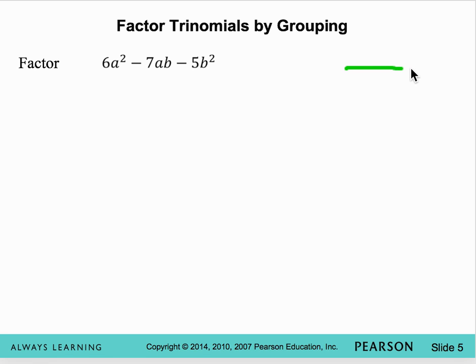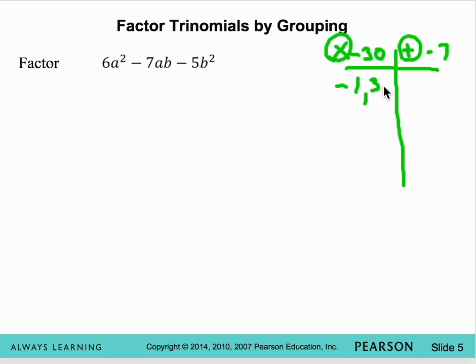So it's a trinomial, which means I'm looking for my special numbers. Numbers that multiply to give negative 30, while at the same time adding to give negative 7. Right? This times this is where the negative 30 came from. So negative 1 times 30 doesn't add to give 7.